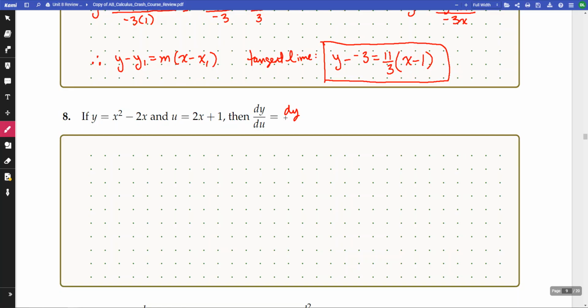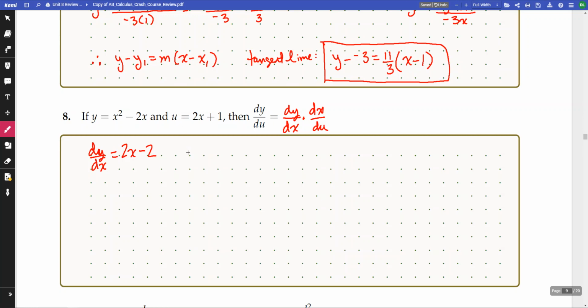Well, dy over du I can think of as dy over dx times dx over du, right? I can use that Leibniz notation as one approach for finding my work, right? So we can say, okay, well, if that's going to be the case, dy/dx for this first one is going to be equal to the derivative of x squared minus the derivative of 2x.